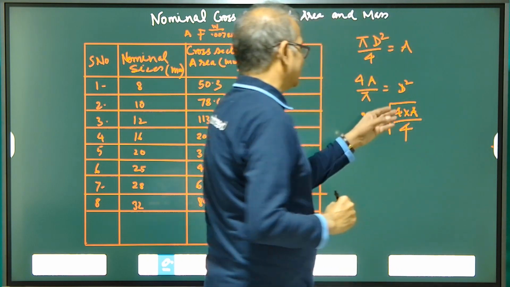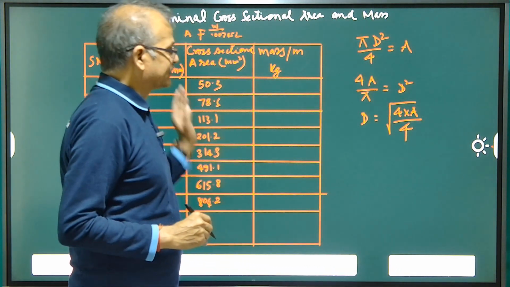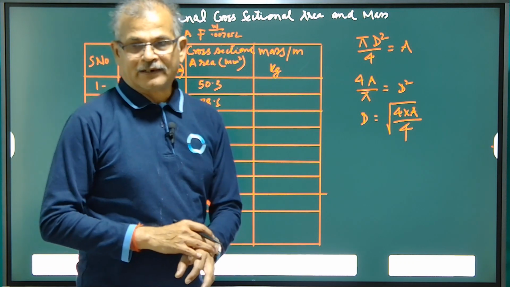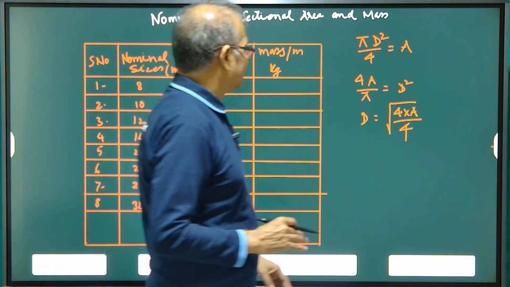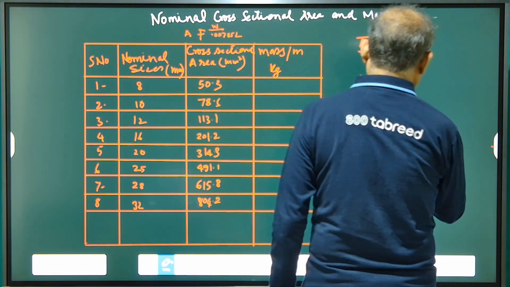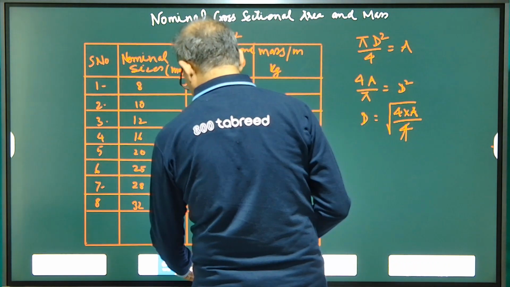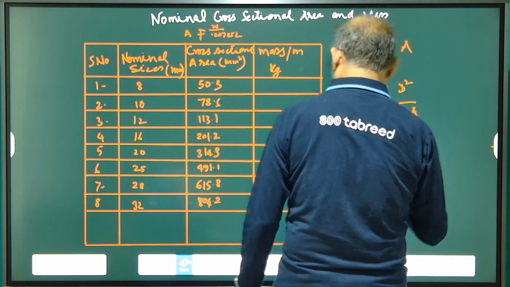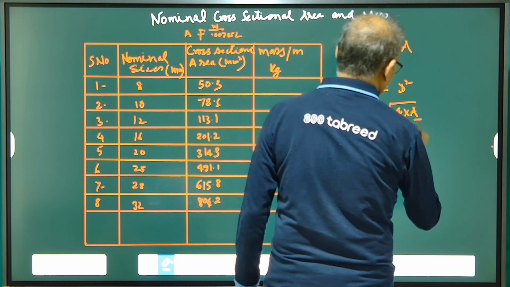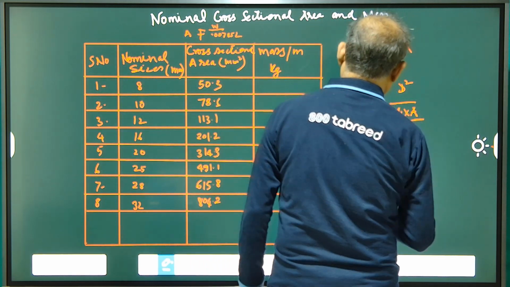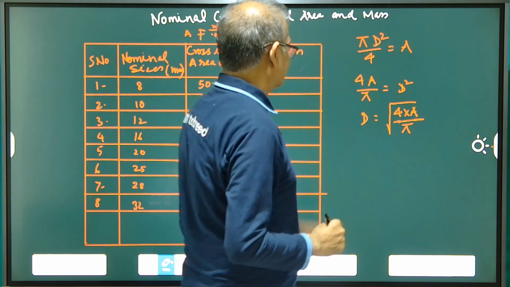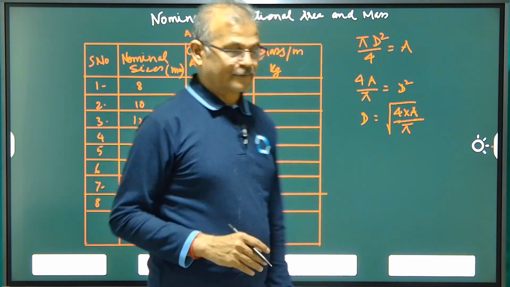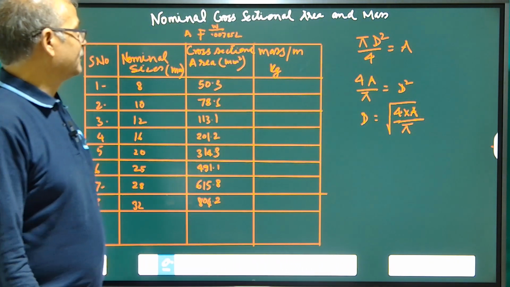So we take the cross-sectional area from this table, multiply by 4, divide by the value of pi. So we get the diameter of the bar.